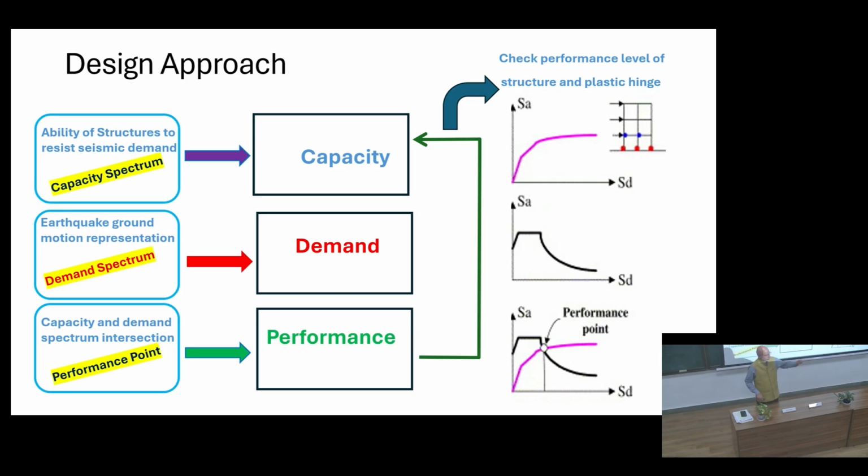You take an ensemble of a large number of, say 20 or 100, earthquakes, and then you plot this displacement versus acceleration for all the ground motions. Then you fit a line through it. Almost all earthquakes will have some peak starting from here, and then it goes down.